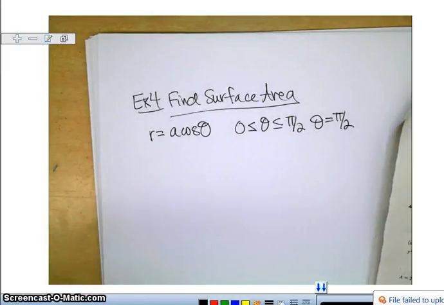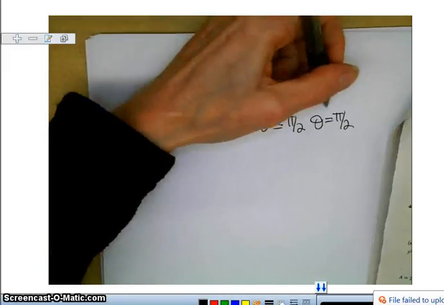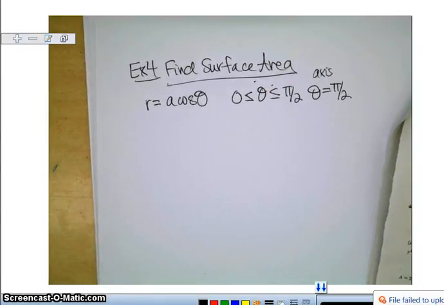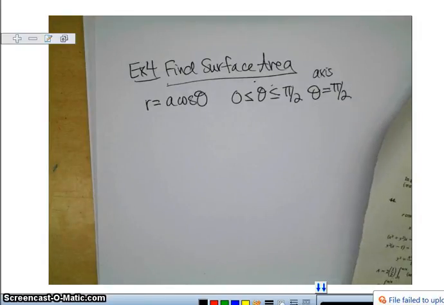Okay, surface area, here's your function, here's your interval, here's your axis of rotation. Okay, so our formula.